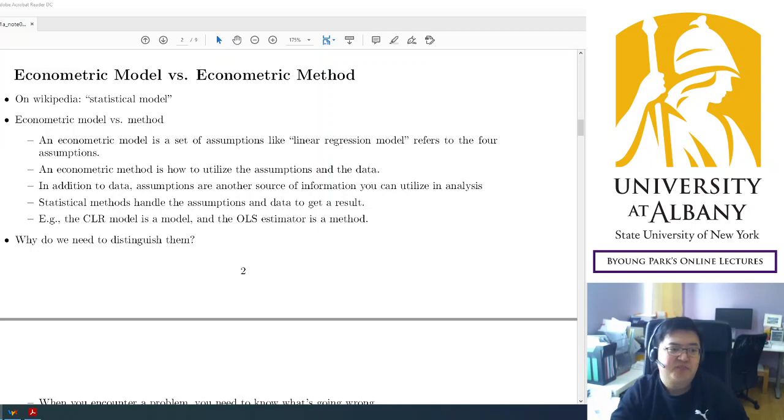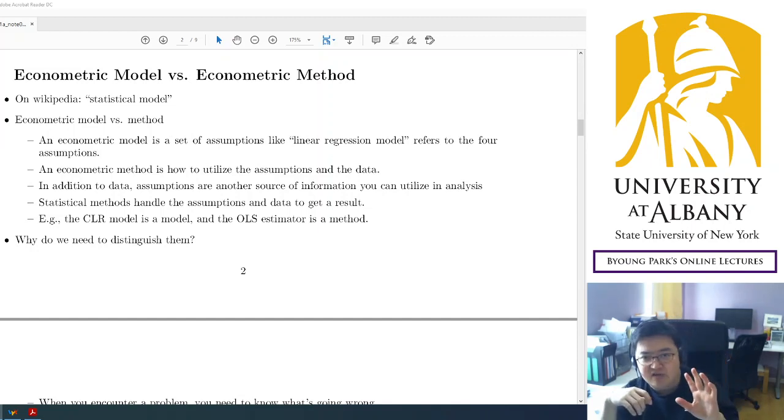So let me explain. When I introduced the classical linear regression model, remember I did it in several steps. First, I told you the basic assumptions. We think about a linear function and it satisfies these kinds of assumptions. And then the next step is to think about how to estimate the parameter of interest, and we know that there are MLE, OLS, GLS estimators.